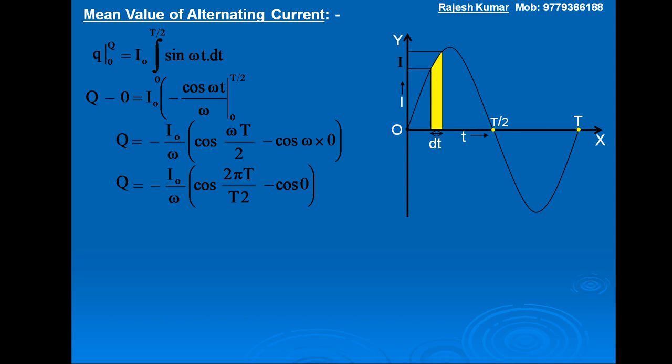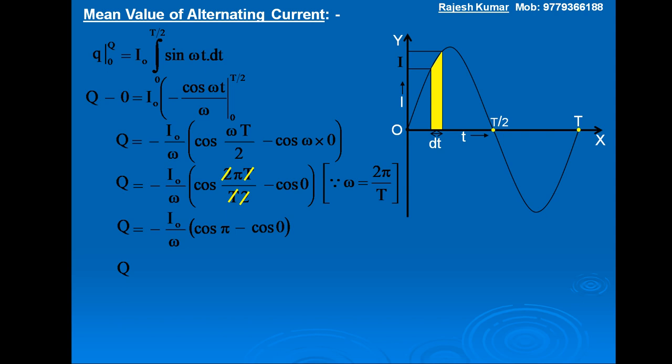Now in the first term, because omega is equal to 2 pi by capital T, the 2 cancels with 2 and capital T cancels with capital T. So we get Q is equal to minus I naught upon omega into cos pi minus cos 0. Now put the value of cos 0 and cos pi.